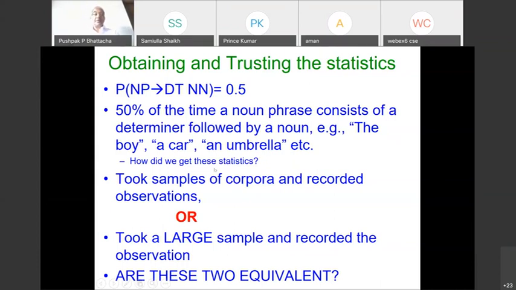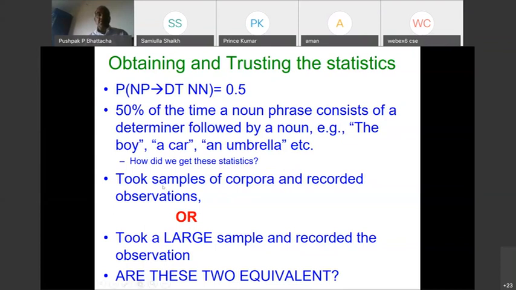Okay. So look at the two questions, and we want to know if that is valid. Is there equivalence between these two questions?